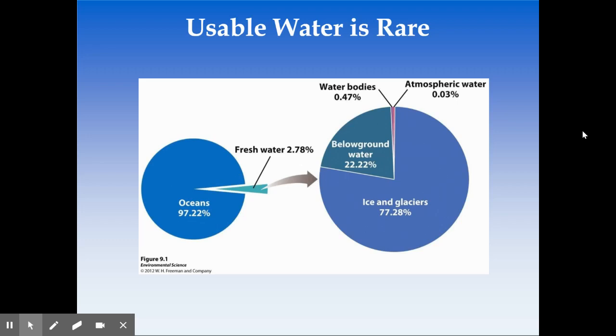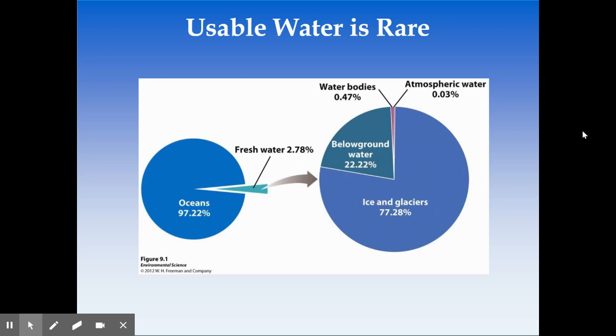We find it within the oceans, and that's about 97% or so of Earth's water. That only leaves about 3% that's fresh water. But out of that 3% of fresh water, the majority is trapped within ice as well as glaciers. So really only about 1% is actual usable water for humans.